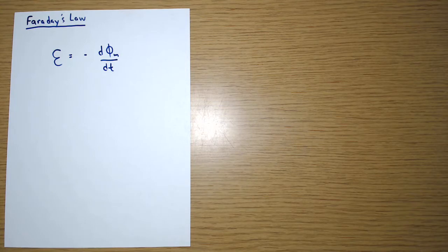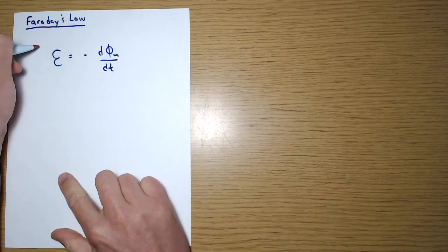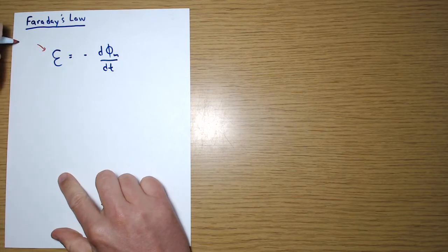So first of all, when I talk about this epsilon on the left-hand side of the equation, I'm talking about an EMF, or an electromotive force. An electromotive force is just that. It's an electric force which causes motion of typically electrons, if I have a wire.